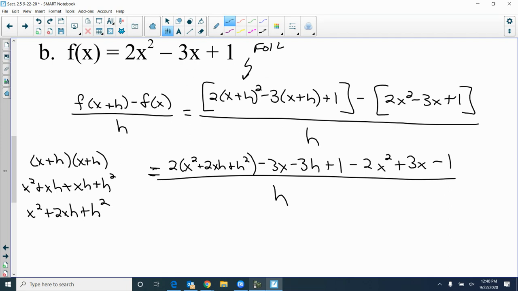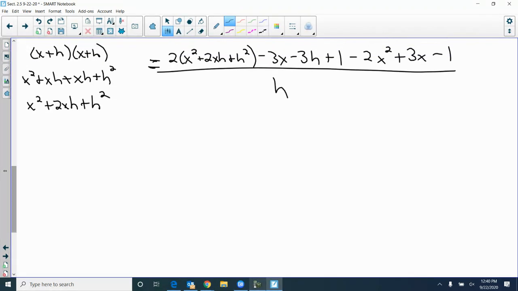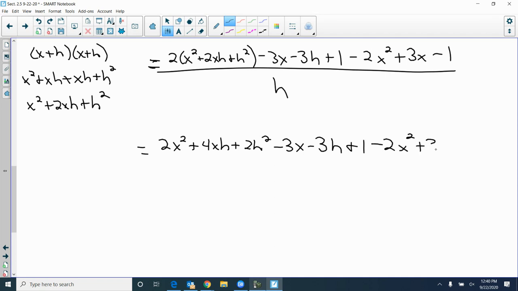Some things should add up to 0. After I distribute that 2, I get 2x squared plus 4xh plus 2h squared minus 3x minus 3h plus 1 minus 2x squared plus 3x minus 1 all over h.